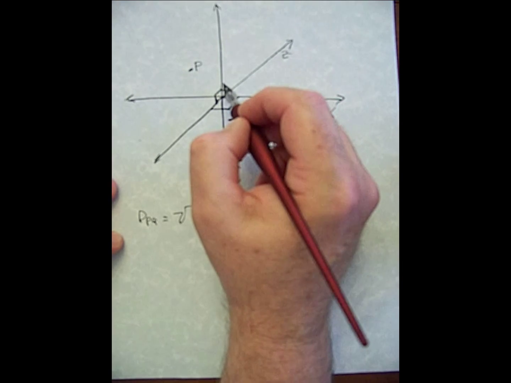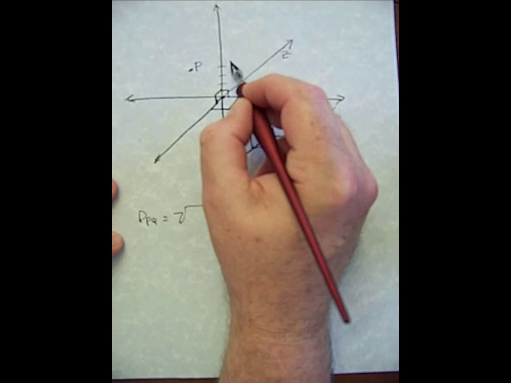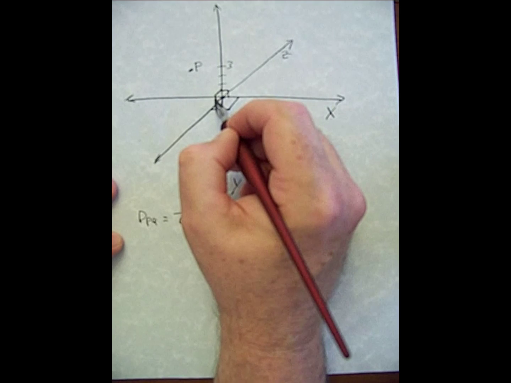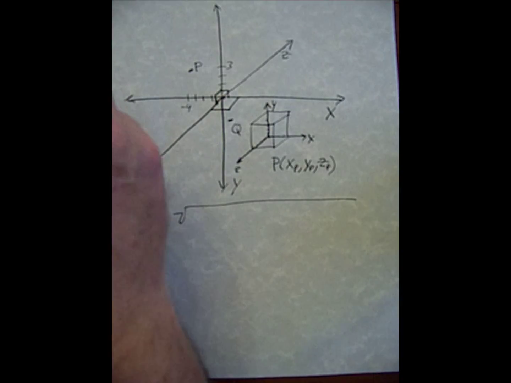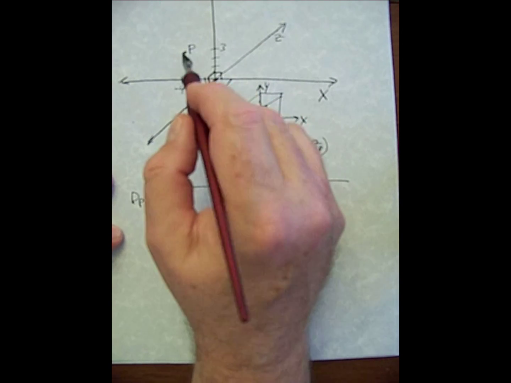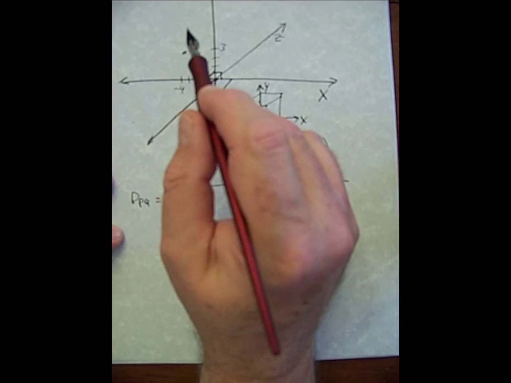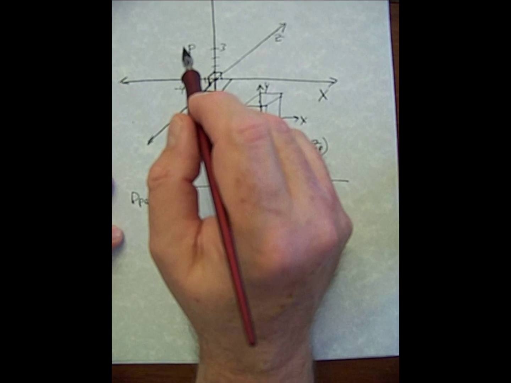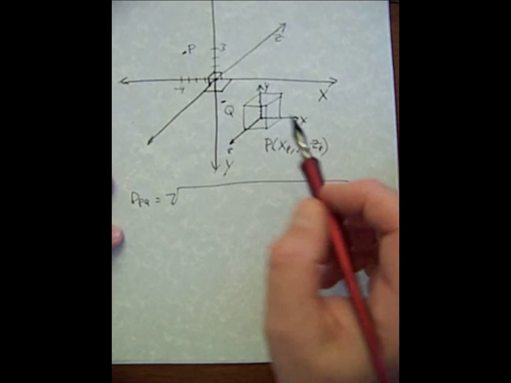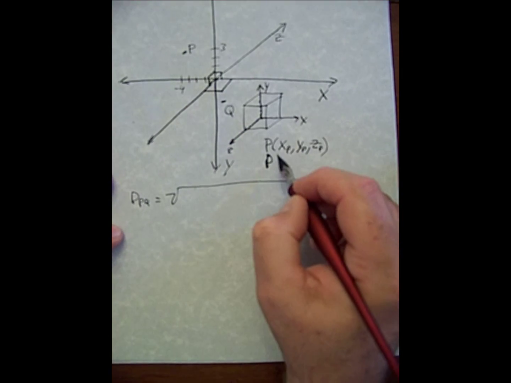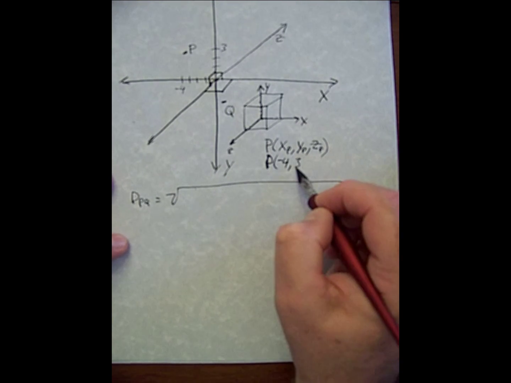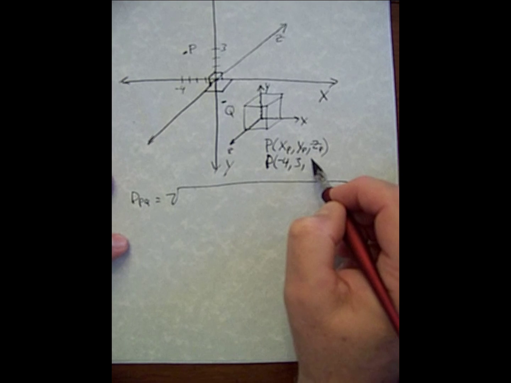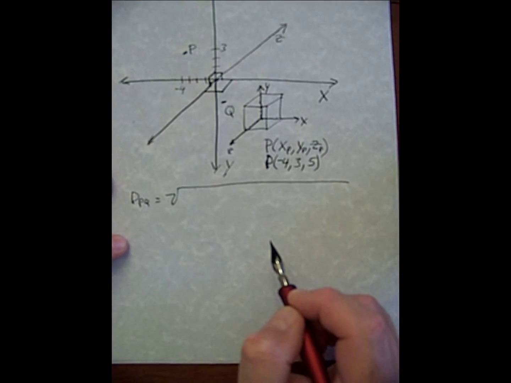And for instance, if this was 3 and this was -4, and we were 5 units above the page, then we would say that the coordinates of P are -4 on the x, +3 on the y, and +5 on the z.